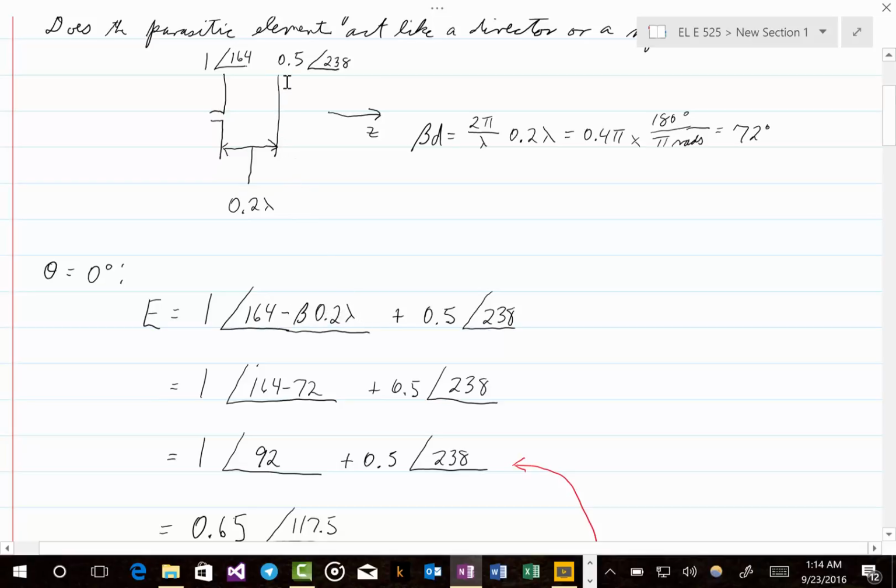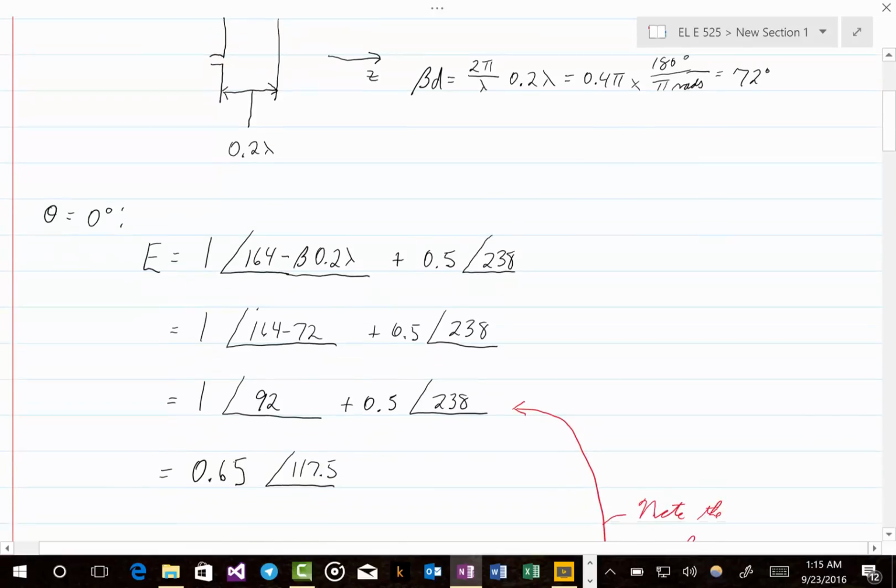And we add to that field the field of the parasitic element at the parasitic element, which is 0.4, an angle of 238. So we bring that down here. Now we've already calculated that beta d is 72 degrees. So this is 1 at an angle of 164 minus 72, and we just bring down this term. So this is 1 at an angle of 92 degrees plus 0.5 at an angle of 238 degrees.